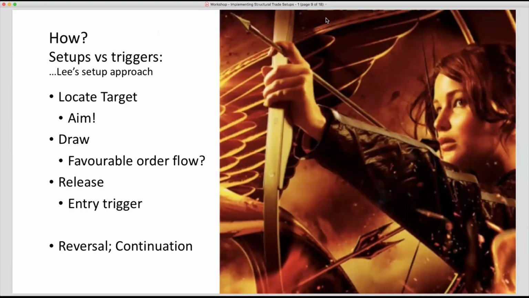So how do we actually go about execution of the opportunity that is presented by these trade setups? Let's explore the idea that there are trade setups, a framework in which we might execute to a plan, versus triggers for actually doing it. And I like to think of the process of trading as archery or firing a gun.